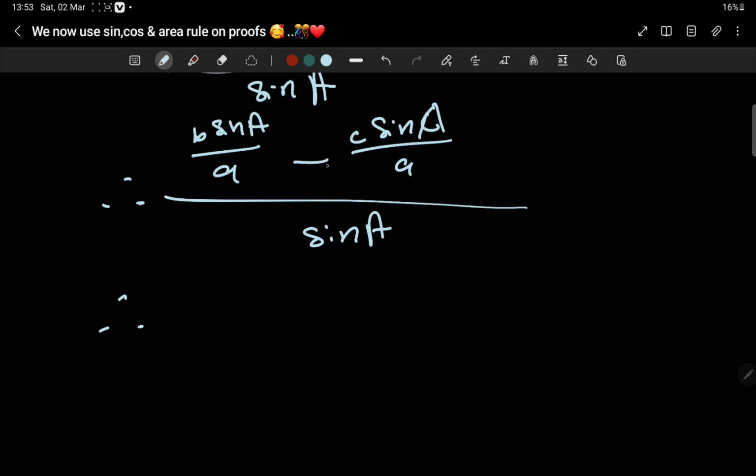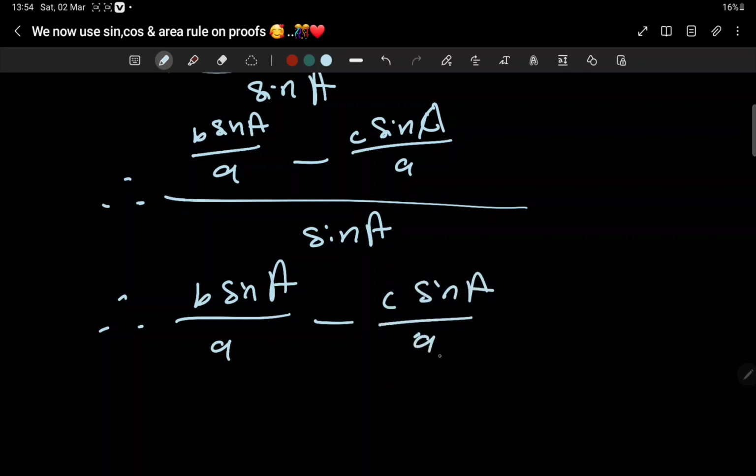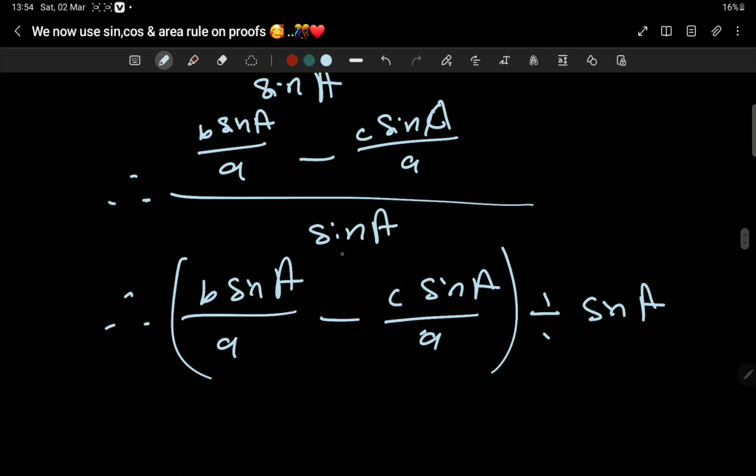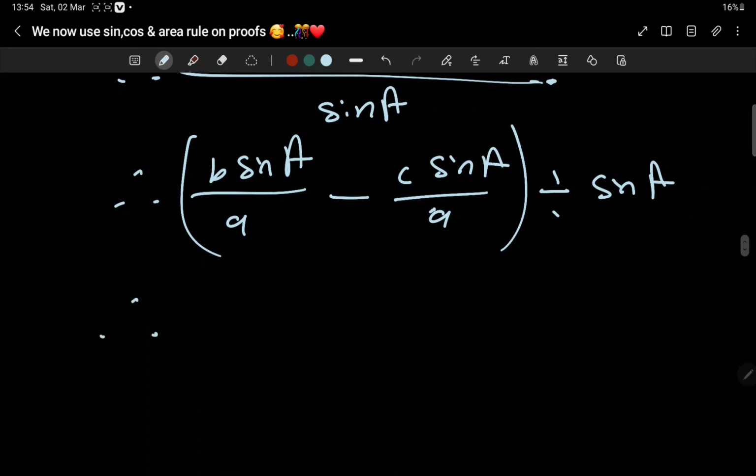So we can rewrite this thing as b sine A over a minus c sine A over a, divided by this thing in bracket, sine A. Instead of the fraction line, we use division by sine A.